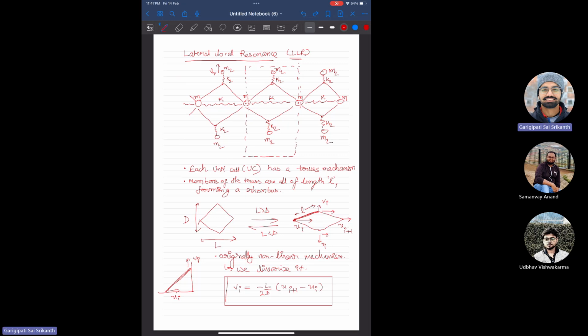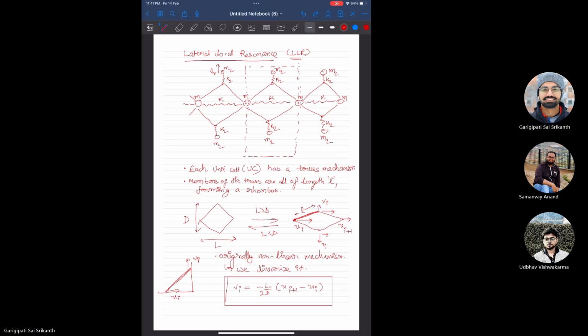But at the same time, we're not considering any horizontal inertias of M2, nor are we considering any stiffness forces due to the stiffness elements in the horizontal direction because of K2. So you see there are certain deficiencies in this model per se.